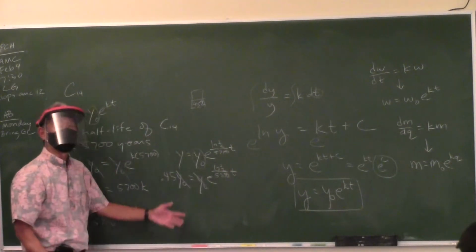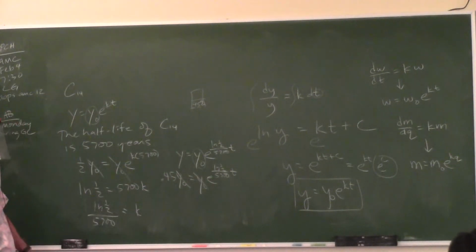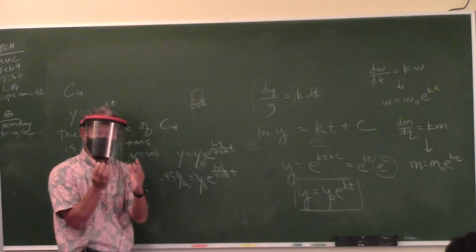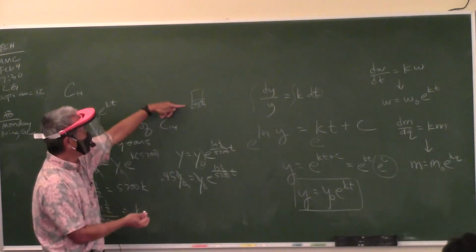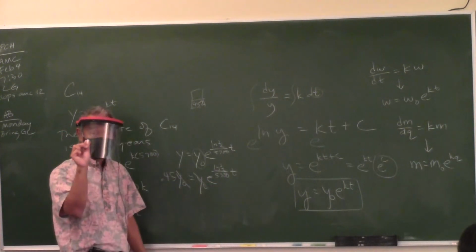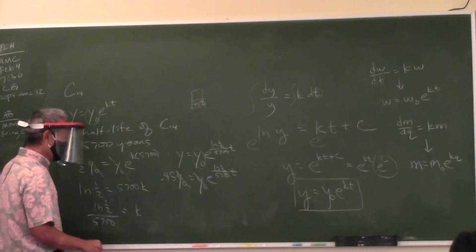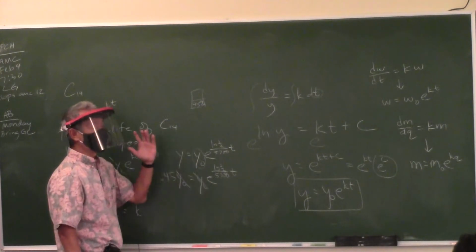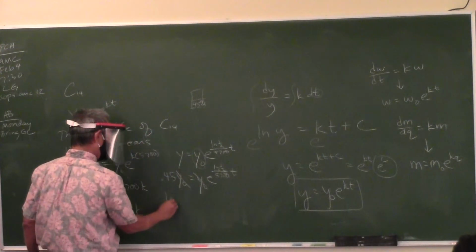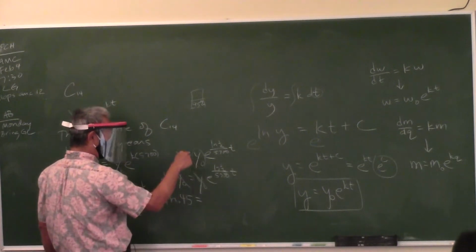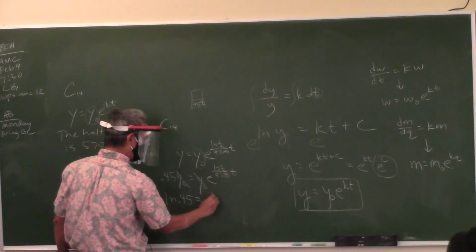The y naughts cancel out, they always cancel out. And what's the only variable left to solve for? t. That tells you the time it takes to decay to 45%. So if you solve for t, that's going to give you the age of this bone. Again, how do you get rid of an e? You natural log both sides. So natural log of 0.45 equals natural log of e to the banana is banana.